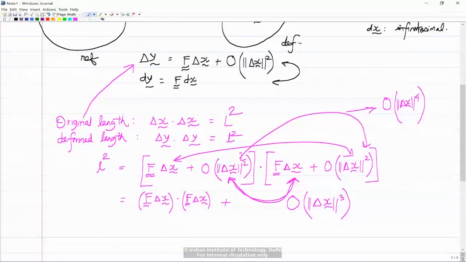That does not mean it does not contain delta x 4 or delta x power 5. It can contain all of them also. What you have to highlight there is the leading order term. Okay, so that's why all the remaining three dot products can be combinedly written as big O delta x cube.